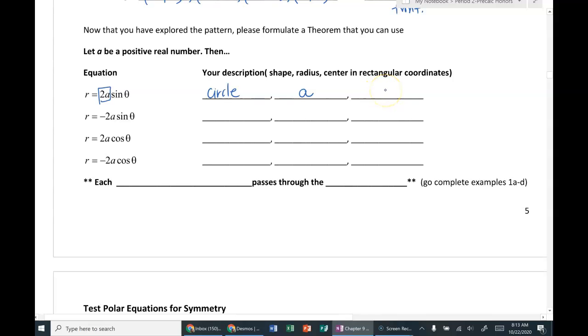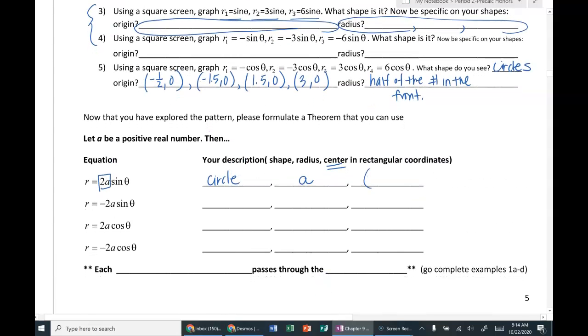And then it says here, tell me the center. Because that's a positive 2a, the center, as we formulated up here, is half of the number in the front, so it's a, comma 0. Then we have r equals negative 2a sine of theta. It's, again, a circle.